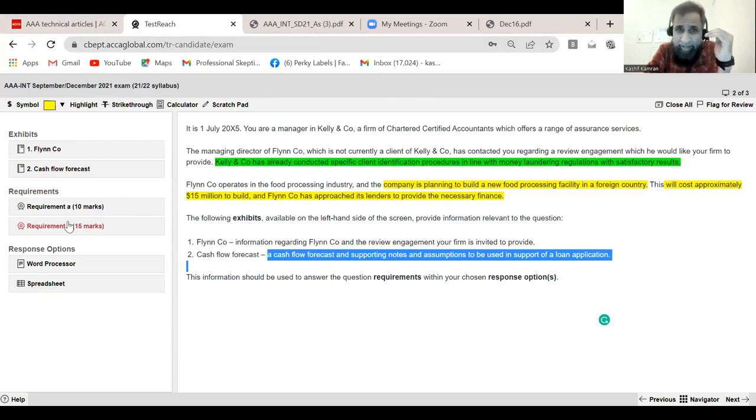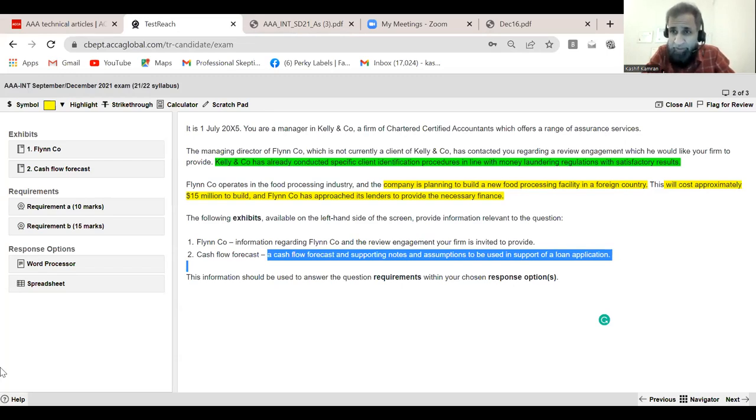The requirement A will be in line with exhibit 1 because that's how Section B is structured. Every exhibit converts to one requirement. So exhibit 1, requirement 2A. Exhibit 2, requirement 2B. One requirement for 10 marks for Flynn Company, and one requirement for 15 marks for cash flow forecast.